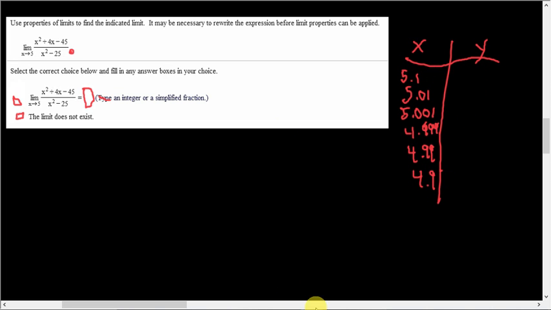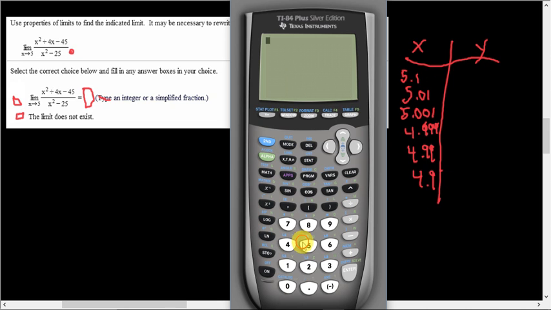Alright, so if we type in 5.1, let's do that, and we're going to do this whole thing squared. Oops. Let's see. Alright, well, since I already got it up there, squared plus 4 times 5.1 minus 45.